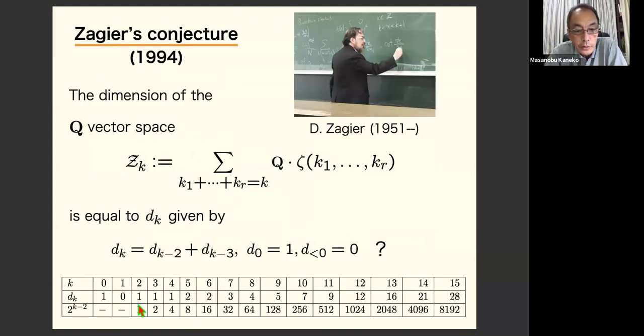Up to 4, the dimension is 1, that is okay, but there is no known k bigger than 4 such that the dimension is actually proved to be bigger than 1. So we do not know any independence result. For instance, we do not know whether zeta 5 and zeta 2, 3 are linearly independent over Q. Such kind of irrationality or independence result is very difficult to prove.